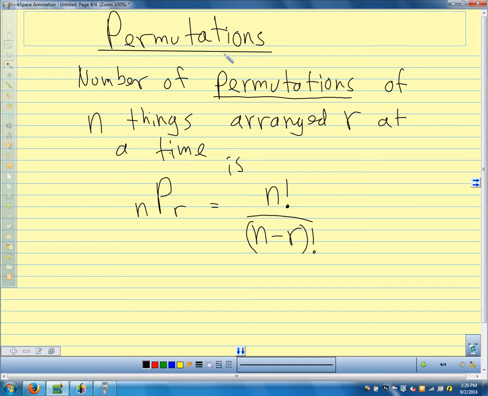And the arrangements with permutations is order matters. So your clue that you're talking about a permutation and not a counting principle problem is that we're making a smaller group out of a bigger group. And what I mean by order matters is you're going to have also something that says something about how you're arranging it. First, second, and third place.